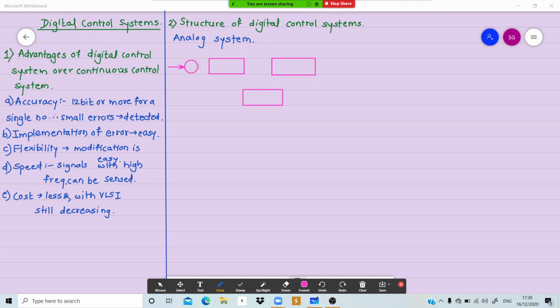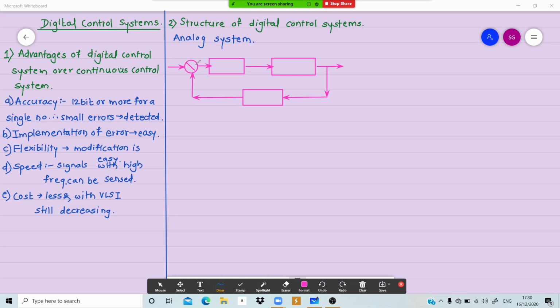So input given, error you are having, going to the controller, final control element, and your process output available, sensed back, given to the sensor, and from sensor back feedback will be there for comparison, right?